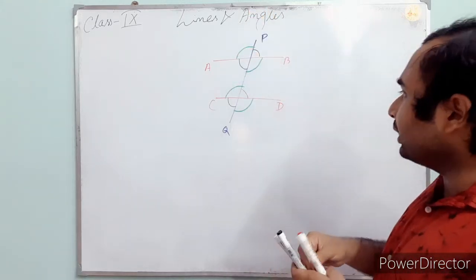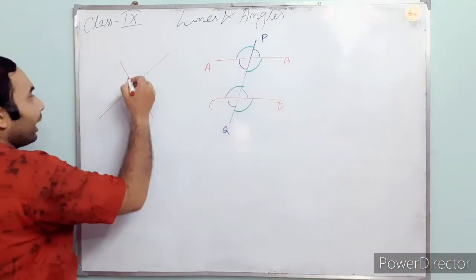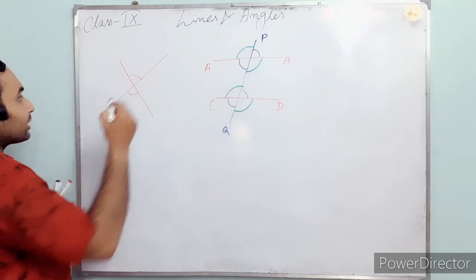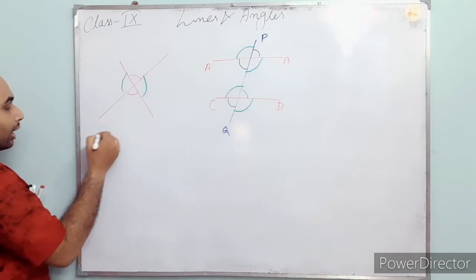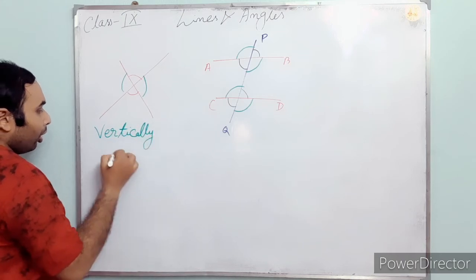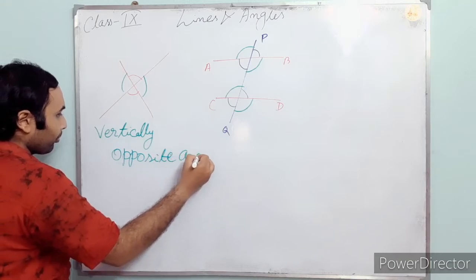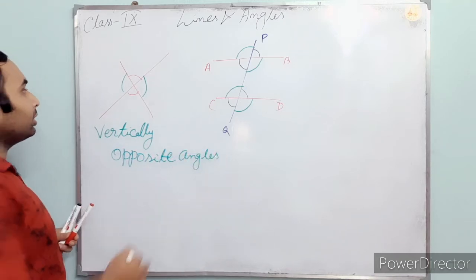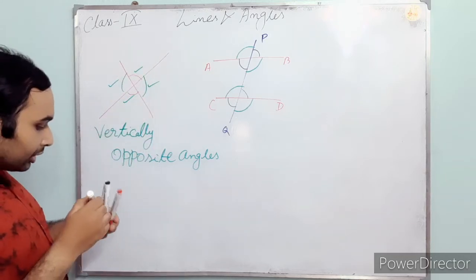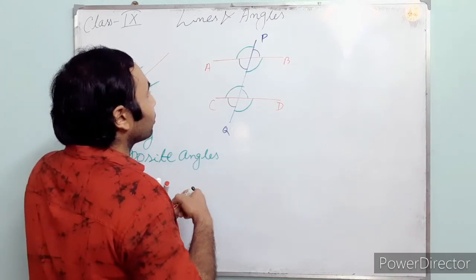Actually here you can see this type of figure, that is, two lines are intersecting and four angles are being made over here. So the special name of those four angles is vertically opposite angles. That means this angle is equal to this angle. Here also in this figure I have named those.